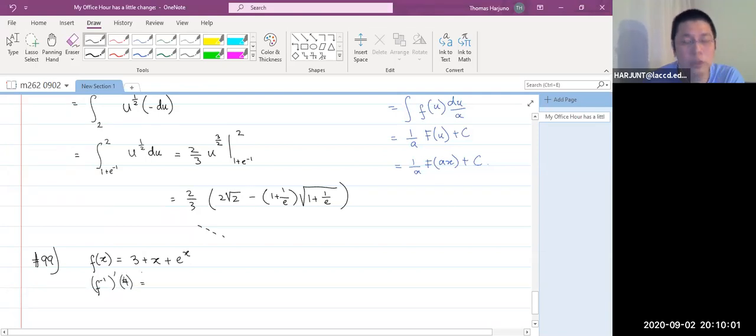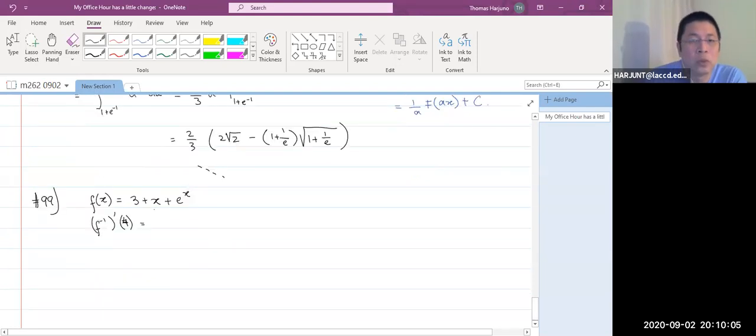Ooh, long time no see. According to what we learned last time on Monday, this is 1 over f prime of f inverse at 4. Right, that's what we need.